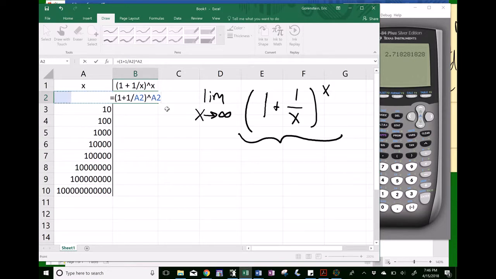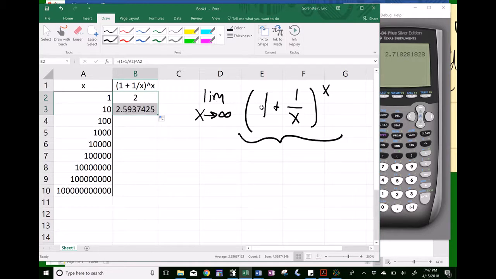Okay, so what this is basically doing is Excel is going to take 1 plus 1 over the number to the left, close parentheses, and raise that to the power of the number to the left. So if you replace this x and this x with the number 1 and calculate this out, you get 2. And if I copy this formula down, Excel will apply it to the number 10.